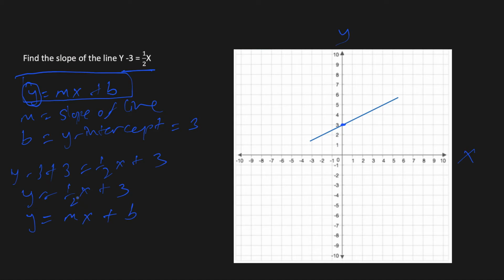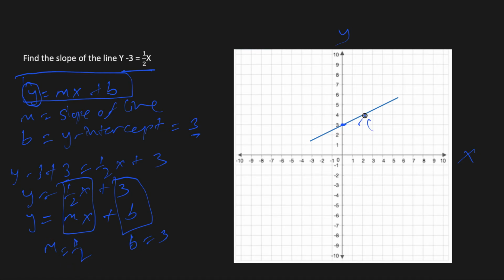And if you compare this part, m is half, and if you compare this part, b is 3. So remember we just said here b is 3. You can also see from this graph that the line passes through the point 3 on the y-axis. So that means our b is 3 and m is half. So m is the slope.